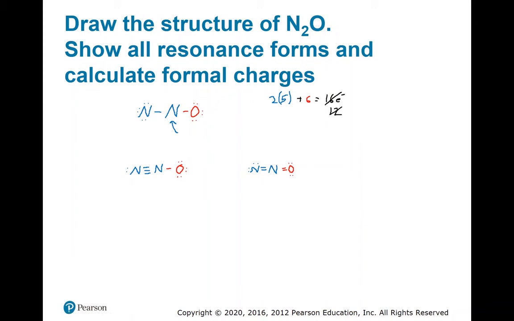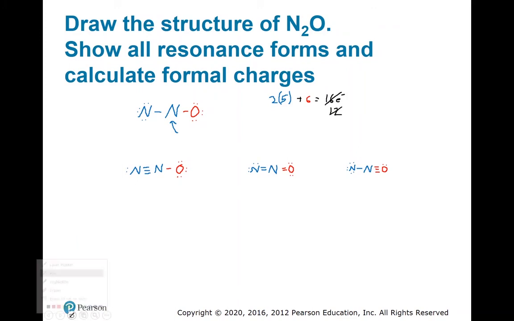And our third option is to take both of the lone pairs from oxygen. It's like the mirror image of the first example that we looked at. So we'd have a single bond still between our two nitrogens, 3 lone pairs around the atom on the left, and then we took a single bond and 3 lone pairs and turned it into a triple bond and 1 lone pair for this oxygen.